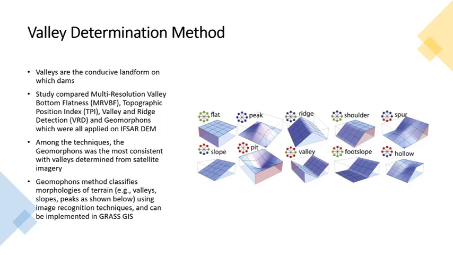Note that the geomorphons method classifies terrain morphologies such as valleys, peaks, ridges, spurs, hollows, and slopes using image recognition techniques. This method can be implemented in GRASS GIS.